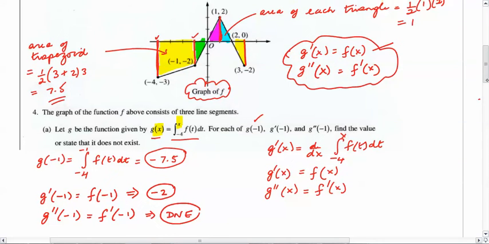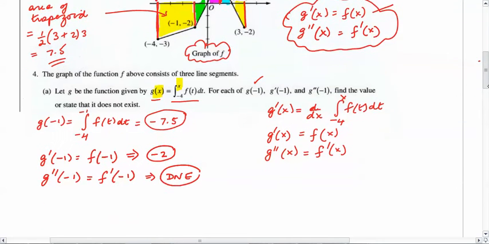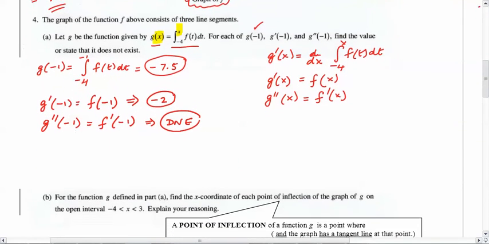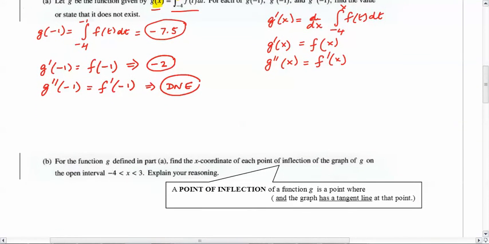Part B we did pretty quickly. Part B asked us to find the x-coordinate of each point of inflection on the graph of g. We have the graph of f. We do not have the graph of g. We don't know what it looks like, but we can nonetheless predict the x-coordinates of any points of inflection.